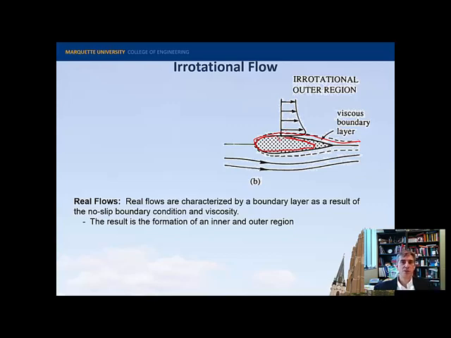You can think of any flow over an external body as a viscid region near the body where vorticity is generated, and then outside the body there is a region where vorticity is not generated. It's the irrotational region. What we tend to do is think of these two as competing or complementary types of flow solutions.